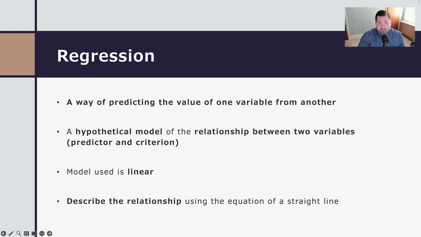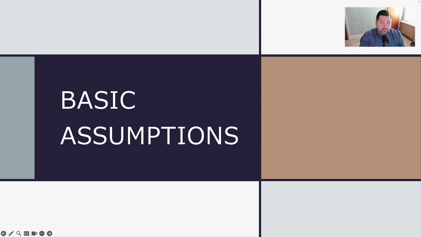That really is based off of the foundation of what we learned in correlation, the basic assumption of linearity. And so we're in the business of trying to figure out what the linear relationship is and when linear relationships exist, seeing if we can leverage that linear relationship to try and predict an unknown outcome variable of interest.